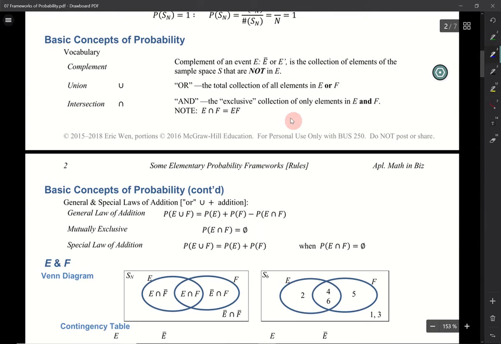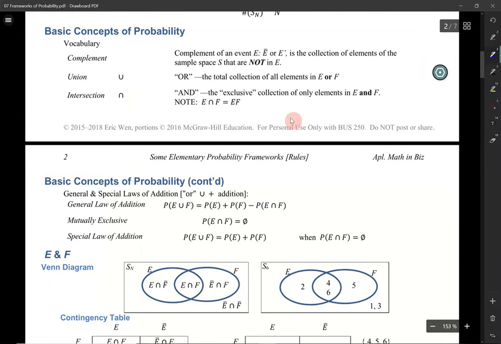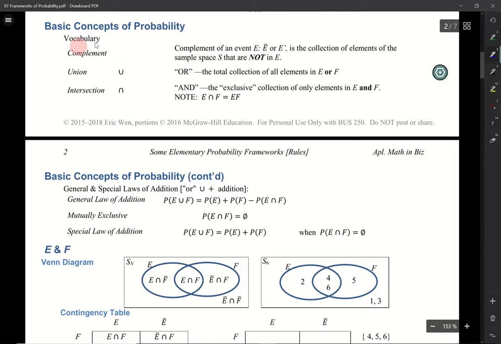Okay, so then we looked at some basic concepts. One would be the complement, which some books notate with a bar above the set, and others notate with an asterisk or apostrophe or prime.